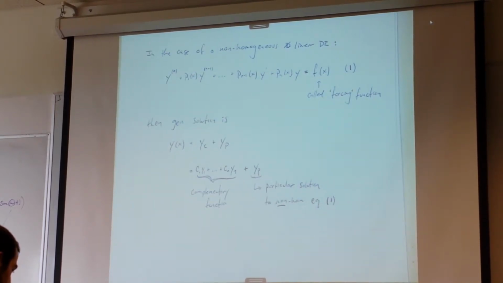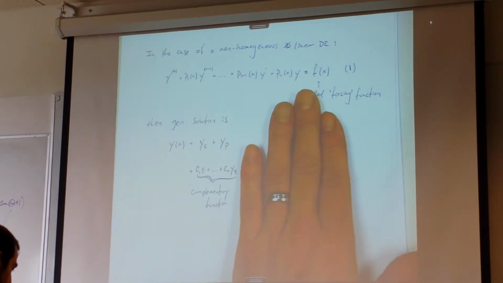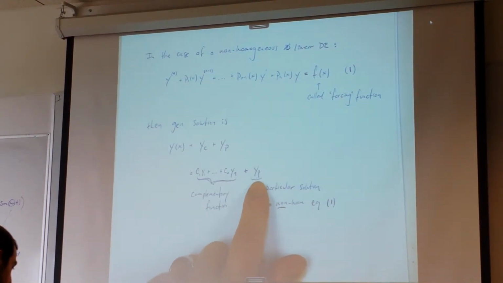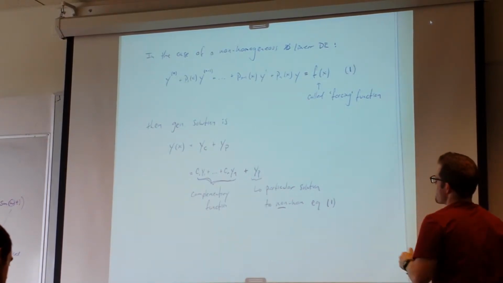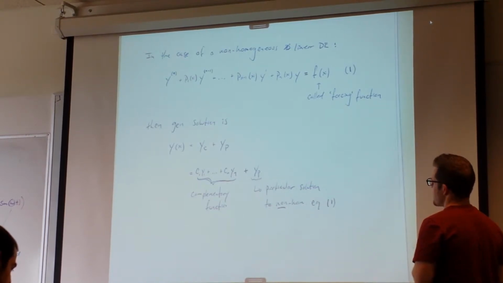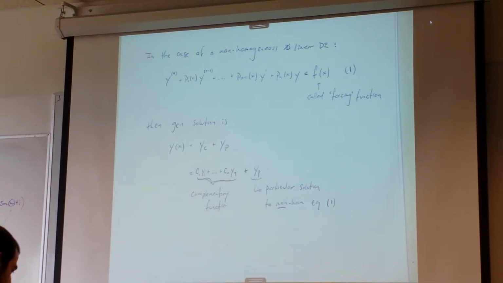Basically, we just take the general solution to the homogeneous equation and tack on one particular solution to the original non-homogeneous equation, and that is the general solution for the non-homogeneous equation.